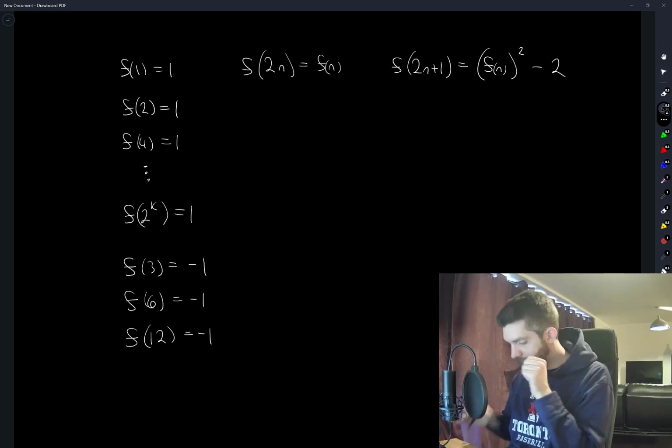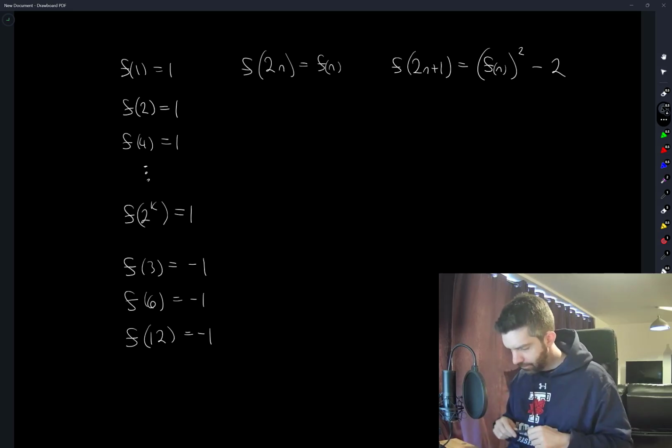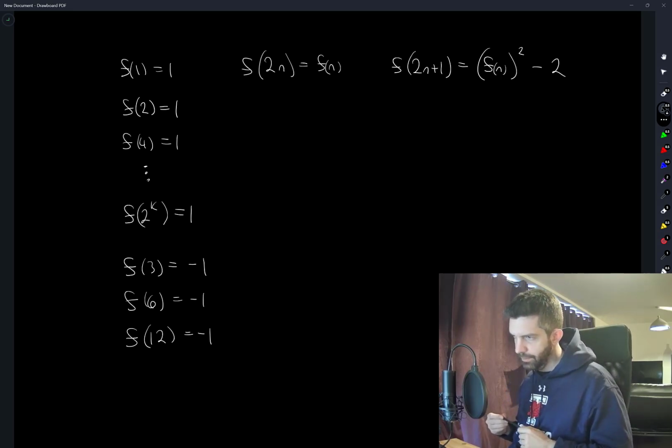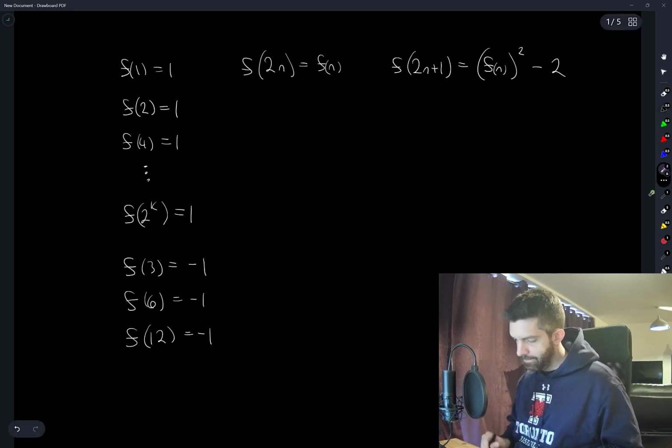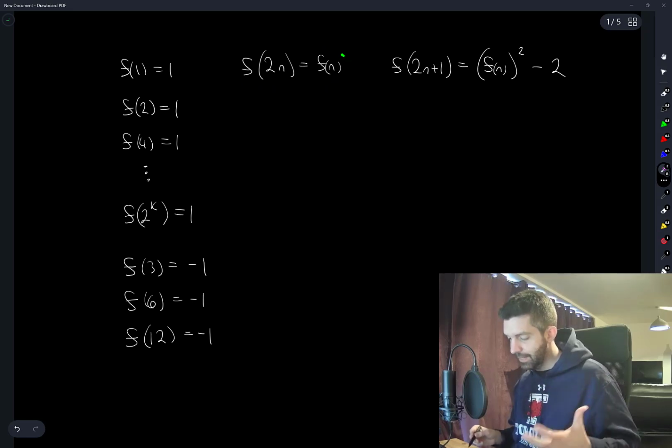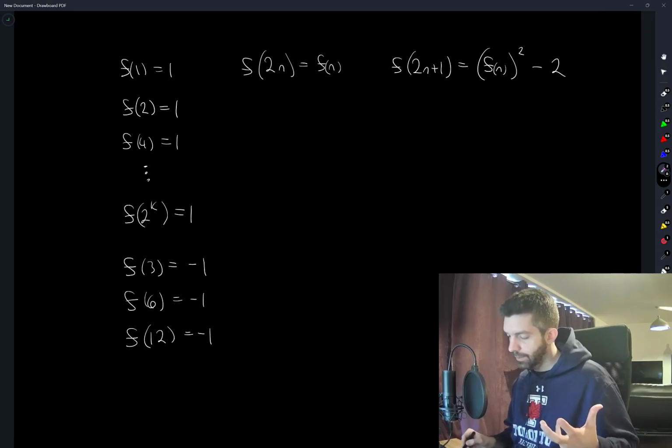And now I'm seeing that, are all the values going to be just 1 or negative 1? I guess so. Because of this rule, if we ever apply it, we're going to get a 1 or a negative 1. If we take a 1 or a negative 1 and substitute it in here, we get back a negative 1.